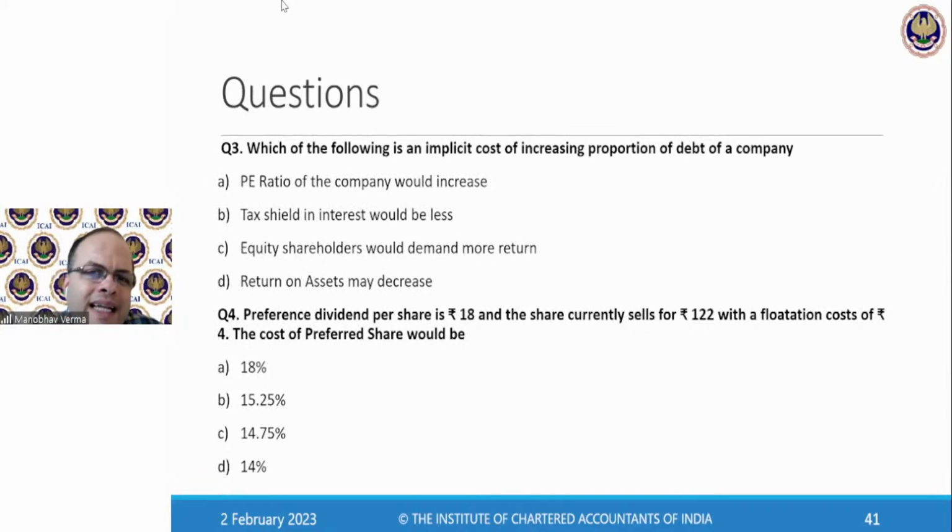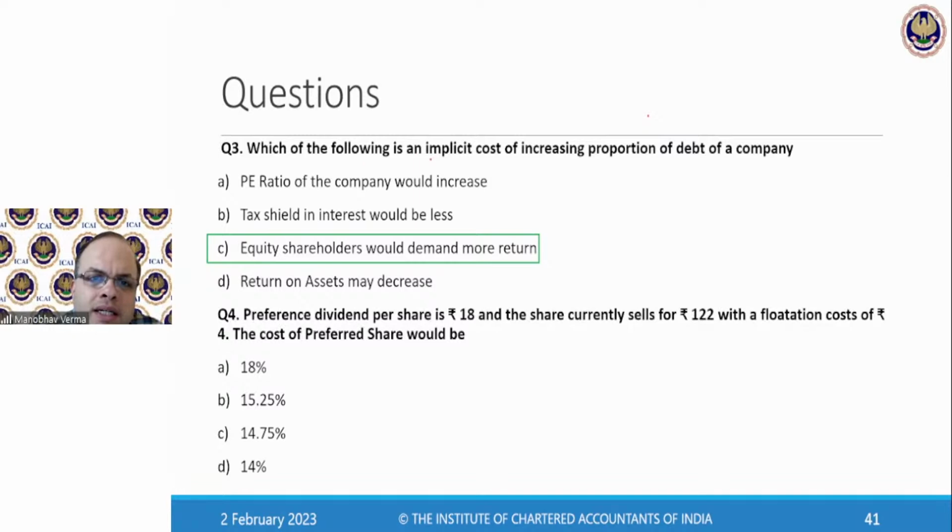Which of the following is an implicit cost of increasing the proportion of debt of the company, guys? I think it's a very, very good question, trust me. Majority Janta says C, and you will be glad to know that yes, C is the correct answer, but let me talk about this for a moment.